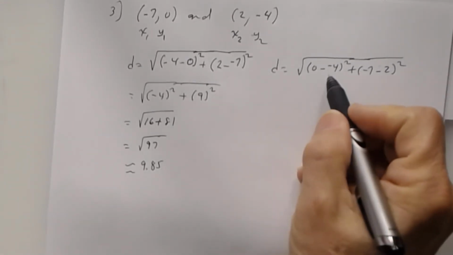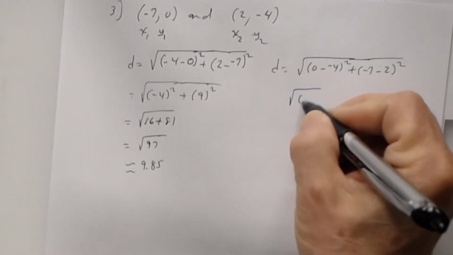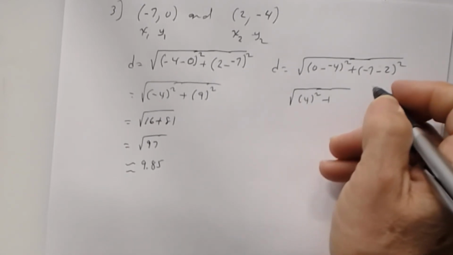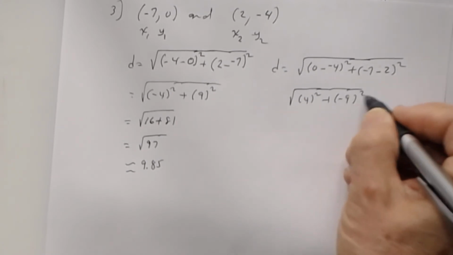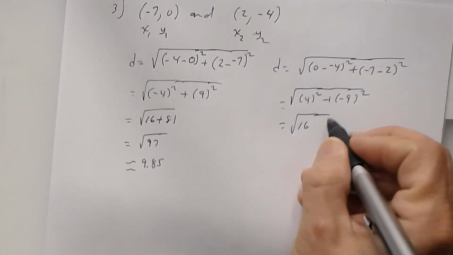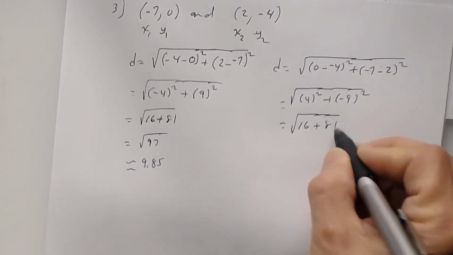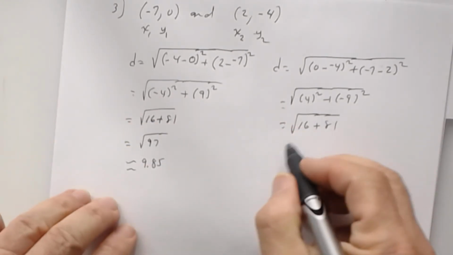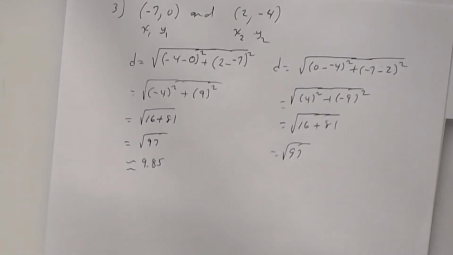So 0 subtract negative 4, what's that the same as? 4 squared, plus negative 7 subtract 2, which is negative 9 squared. What is 4 squared? 16. What's the negative 9 squared? So you get the same thing, right? 16 plus 81. It doesn't matter the order in which you subtract because you're squaring it.